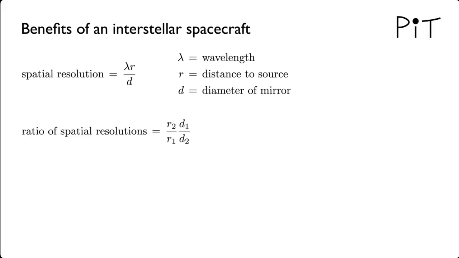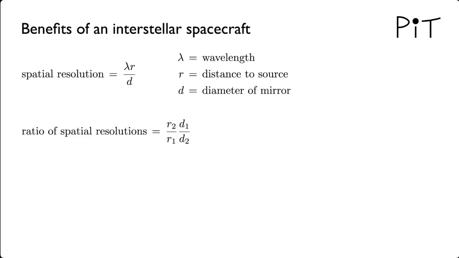Let's assume these two telescopes both want to observe a planet in the Proxima Centauri system. Telescope 1 is a 100-meter telescope on the Earth, so the distance is 270,000 AU. Telescope 2 is a 10-centimeter telescope on a spacecraft observing from a distance of 0.1 AU.